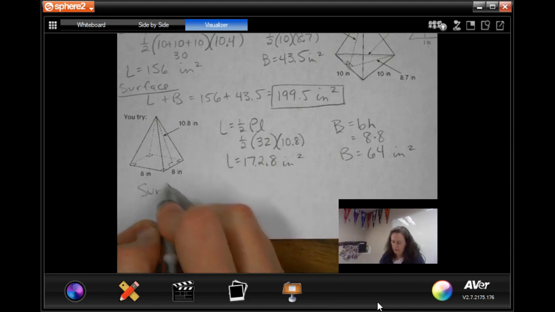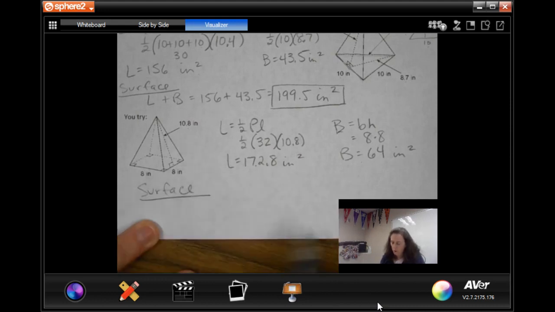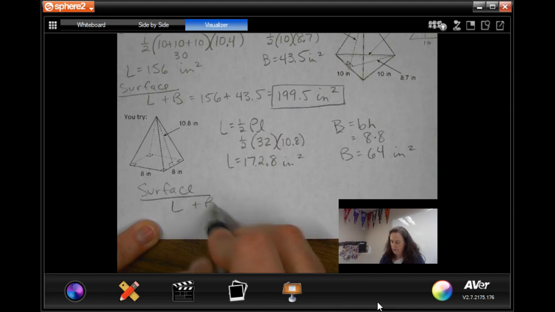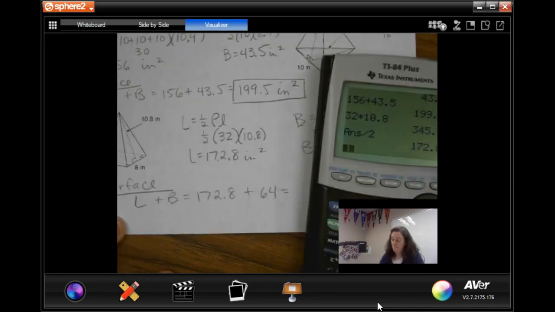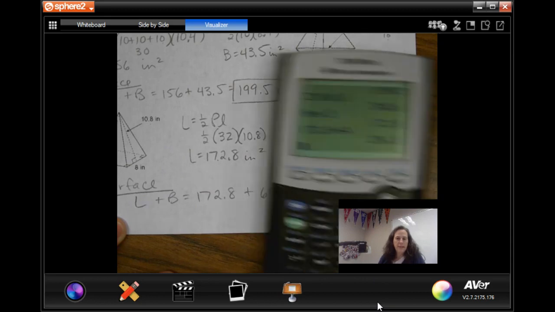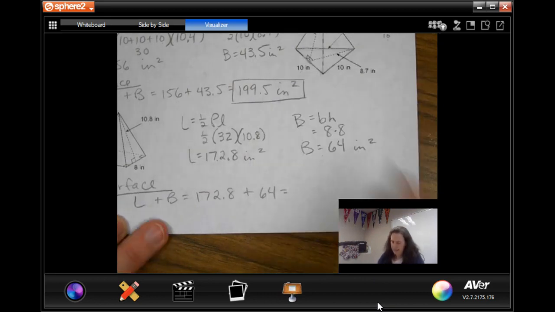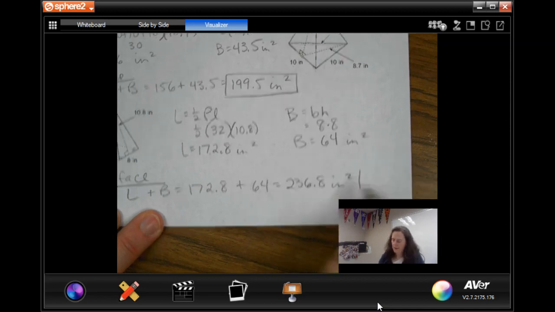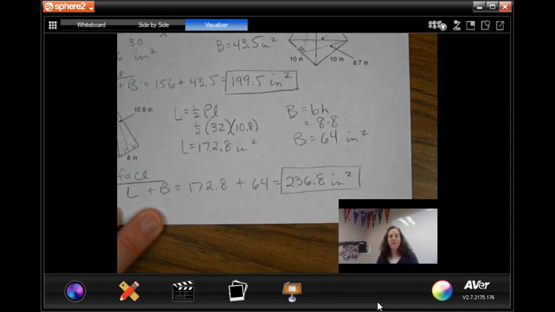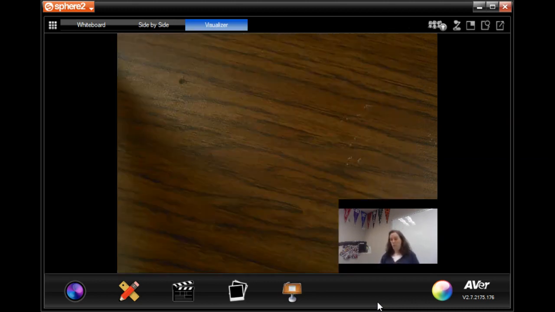So the surface area of the whole thing, lateral plus base, 172.8 plus 64. Let's see if we match. 236.8. Yay! 236.8 inches squared. Okay, that's a pyramid. That's how you find the surface area of a pyramid. Let's turn it over and we'll try a cone.